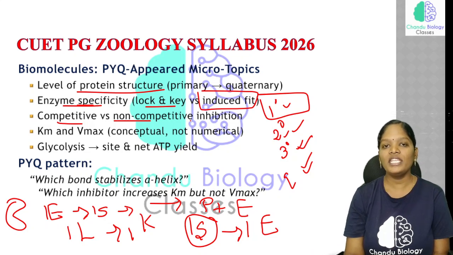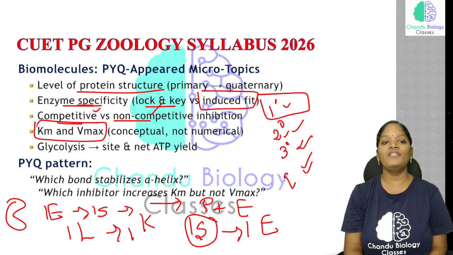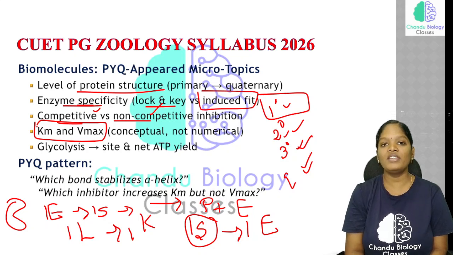Based on inhibition, we have two types: competitive inhibition and non-competitive inhibition. Here we have the Michaelis-Menten equation, with Km and Vmax. What is Km and what is Vmax? Everything will be discussed in detail when we cover the Michaelis-Menten equation.